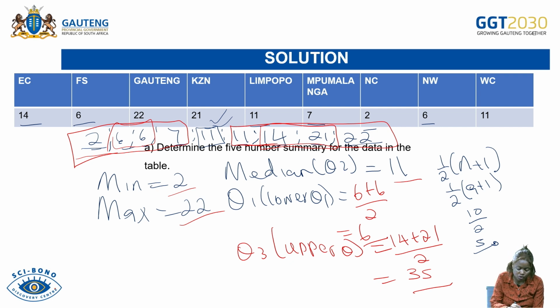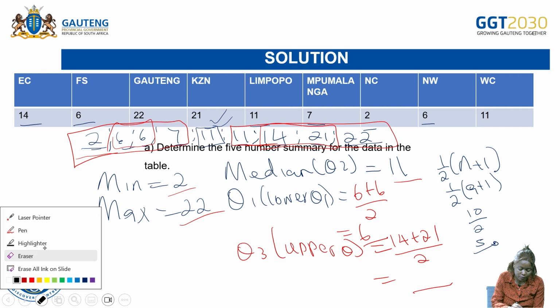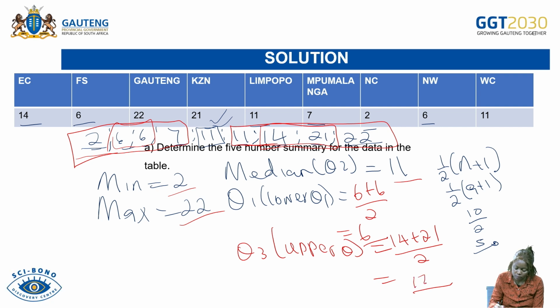So if you divide by 2, you need to get 17.5. 14 plus 21 divided by 2 is 17.5, ne? Okay.